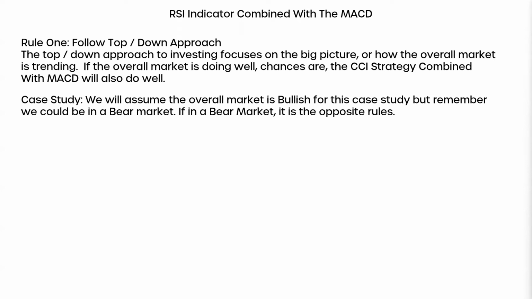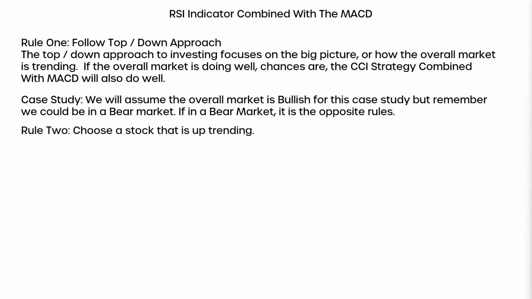But remember, we could be in a bear market. Just to make this presentation and the strategy easier, we are assuming that we are in a bull market. If in a bear market, invert the rules, which we are going through in these examples.